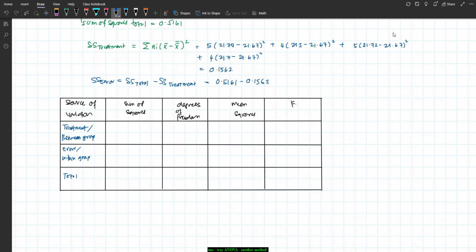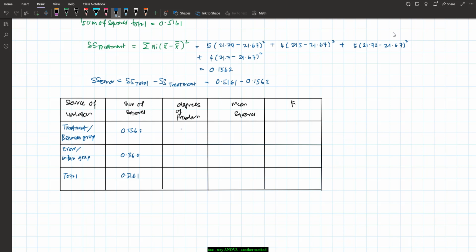We know that the sum of square total is 0.5161, the sum of square treatment is 0.1562, and for the sum of square error, we subtract the sum of square treatment from the sum of square total, which is equal to 0.360.